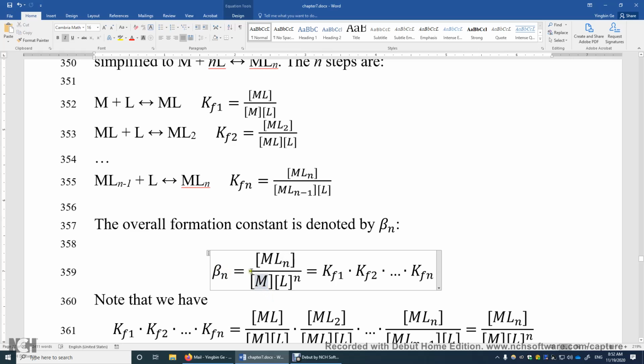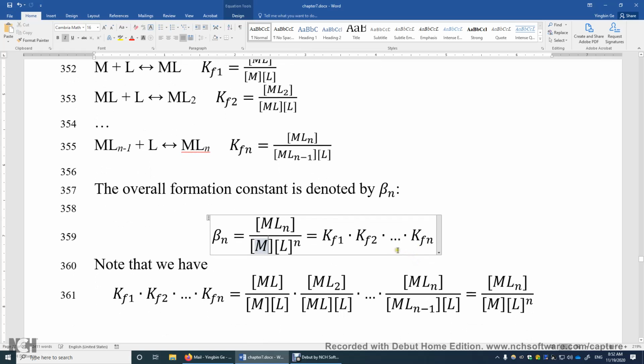And then beta sub N is equal to the product of Kf1, Kf2, all the way to Kfn. We can prove this. We can look at the product of all these N formation constants. We can write out their expressions, and you will see this ML and this ML cancel. And then this ML and this ML cancel.